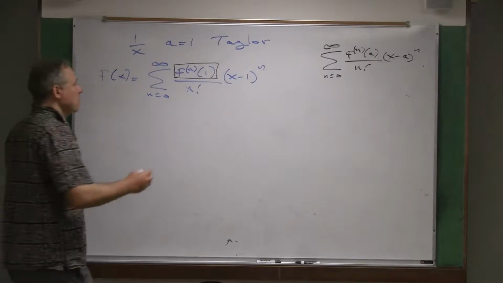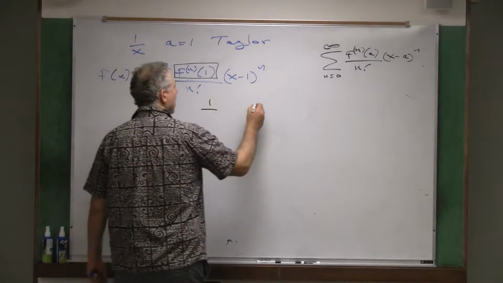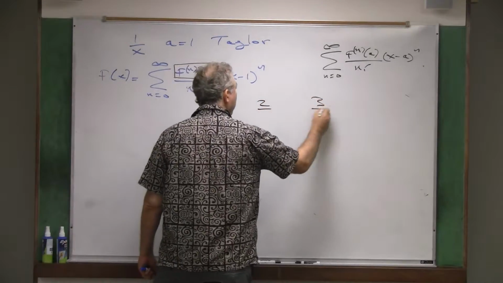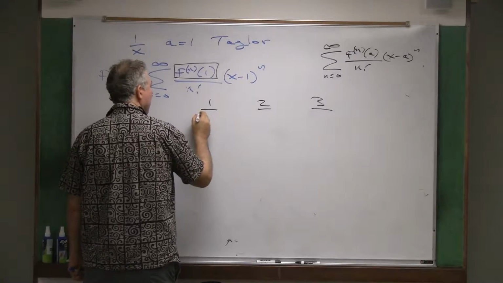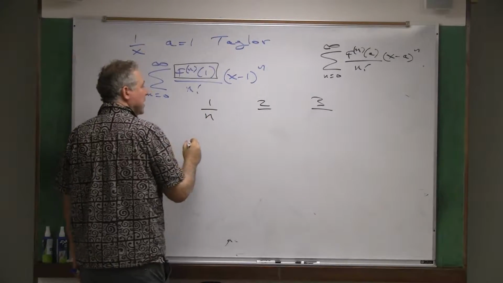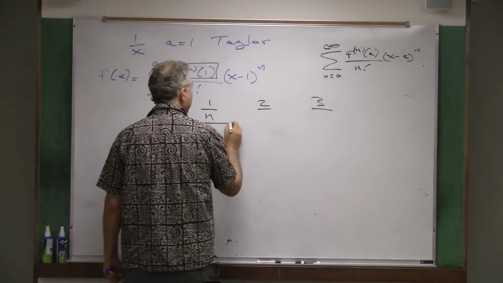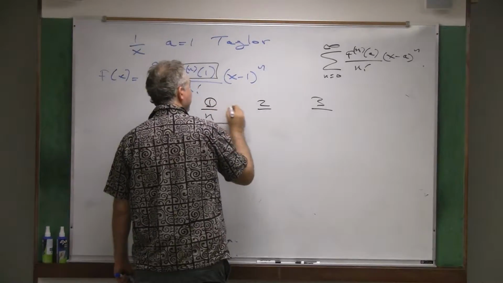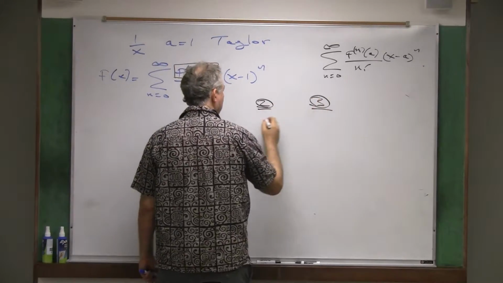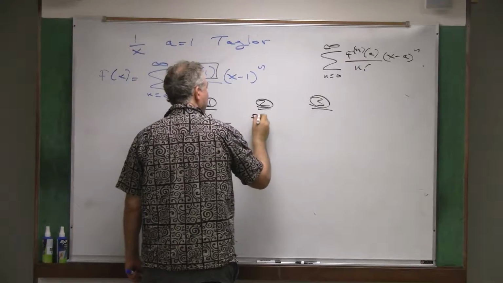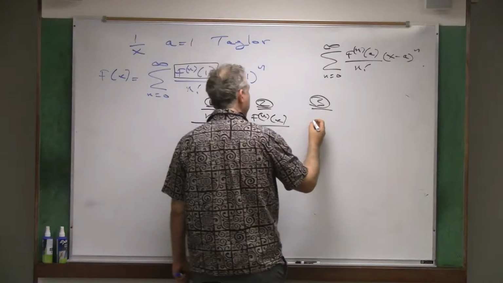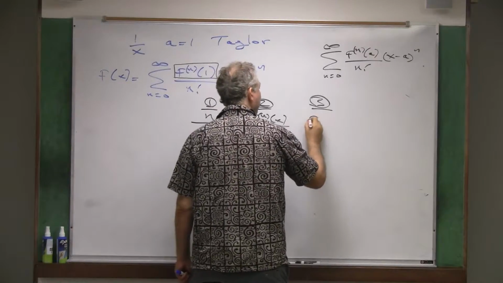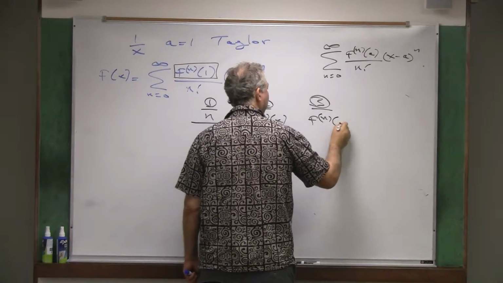So 3 columns. Your first column is for n. Your second column is going to be for the nth derivative of f(x), and your third column will be the nth derivative at a.